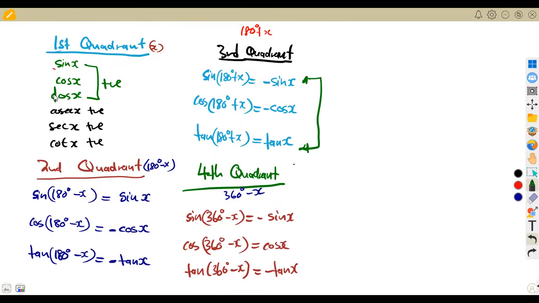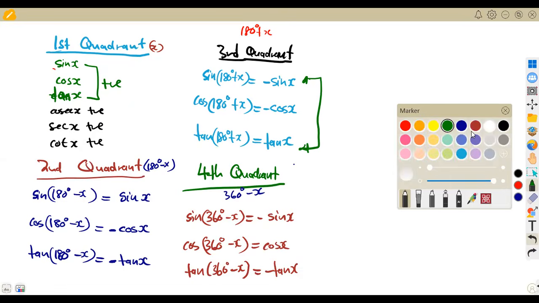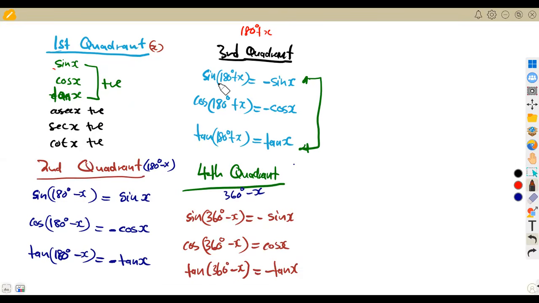I'm seeing there's supposed to be a tan there. I hope we saw this one before. If we use this concept, we are going to see that sine here is a negative, and we know that 1 over sine is cosec.